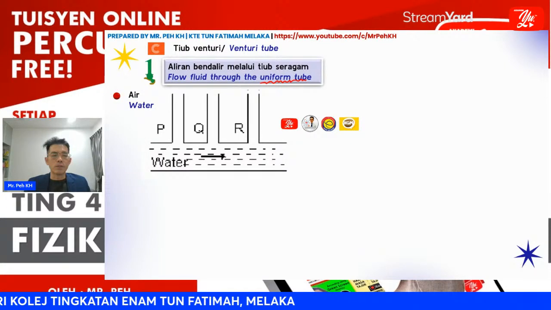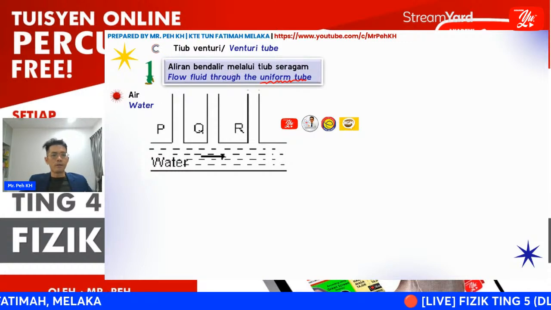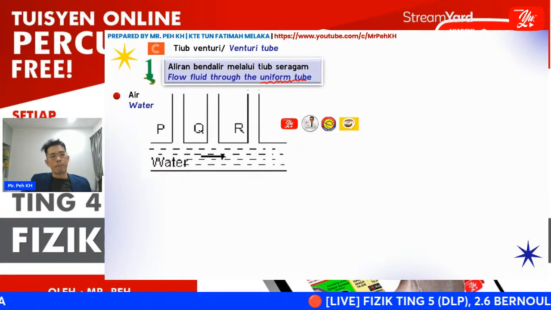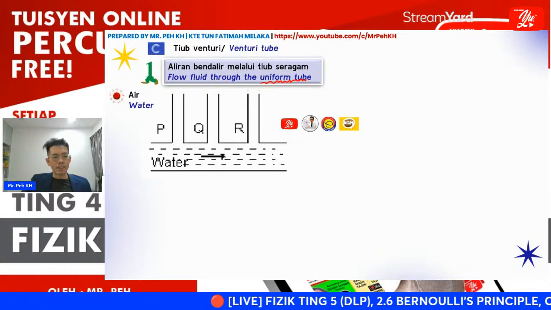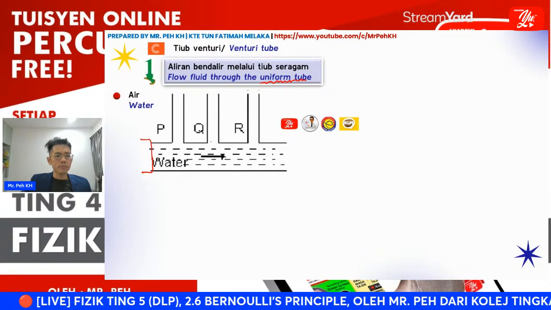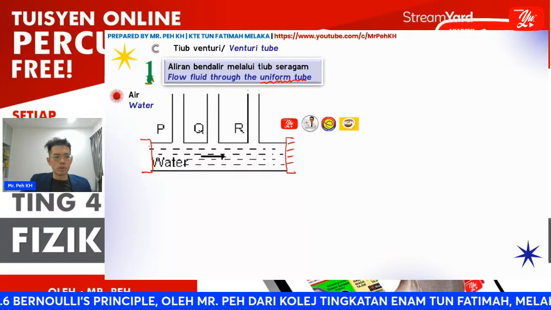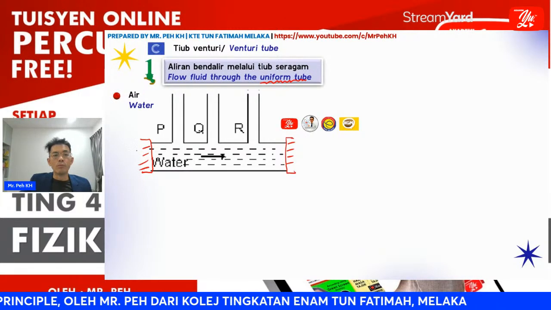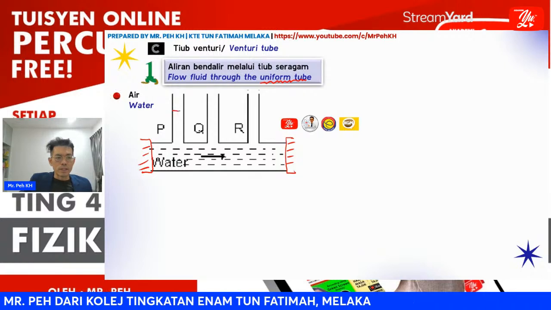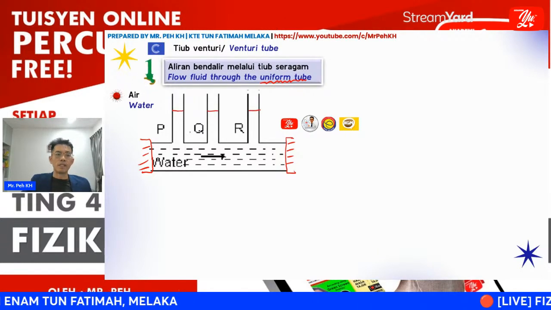You can observe the figure here, where water is the fluid we discuss. Initially, both sides of the tube are closed, so the water is not moving. You can see the water level is the same at the beginning.